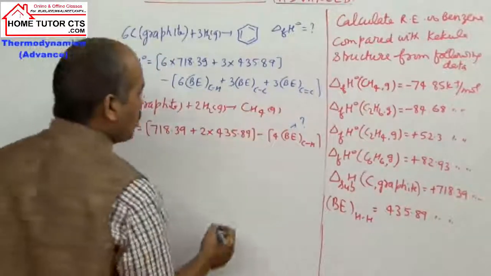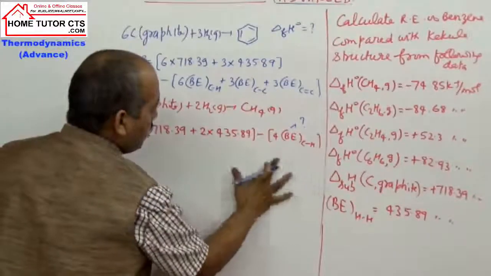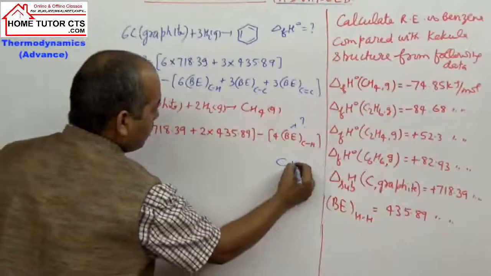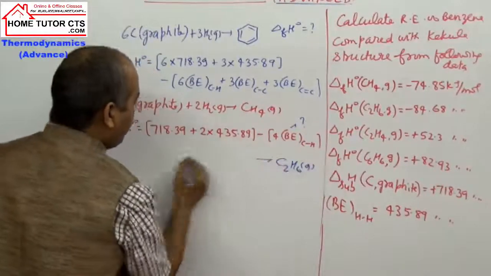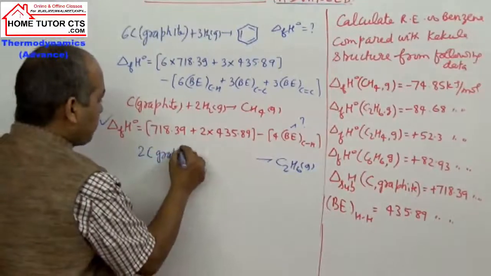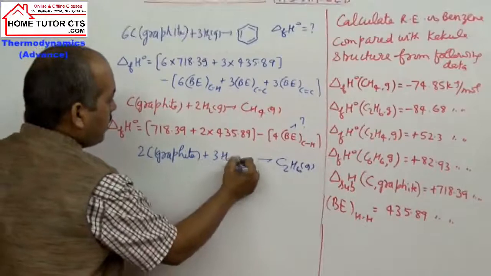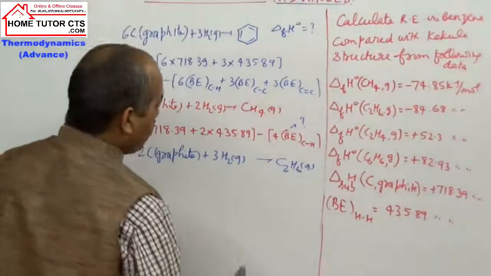You can take the next expression, formation of ethane gas. How to form ethane, C2H6? It needs 2 moles of carbon graphite plus 3 moles of hydrogen gas to form C2H6 gas.